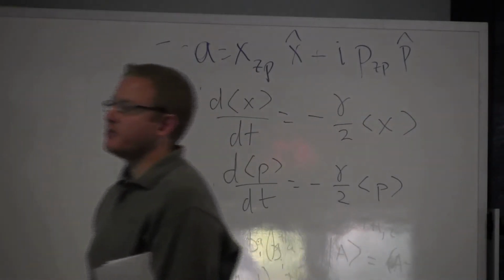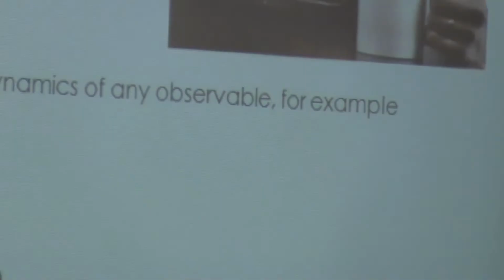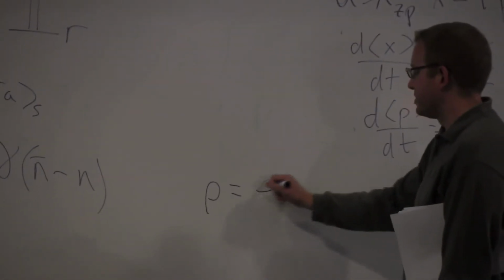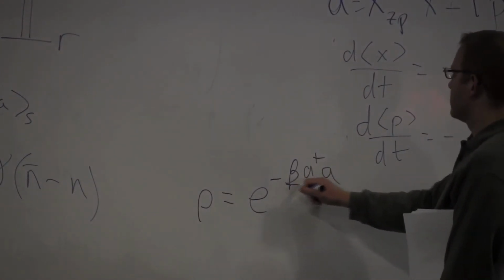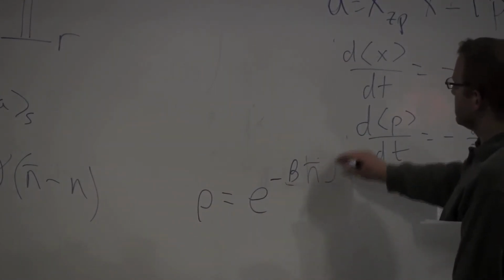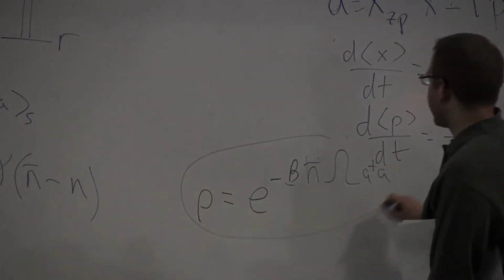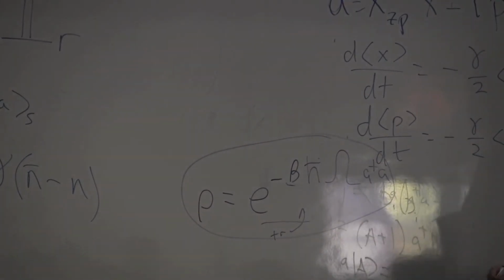The last thing, which I leave as an exercise for the interested audience member, is to plug in the thermal equilibrium density matrix, e to the minus beta H. I can divide by the trace of this if I want to normalize it.